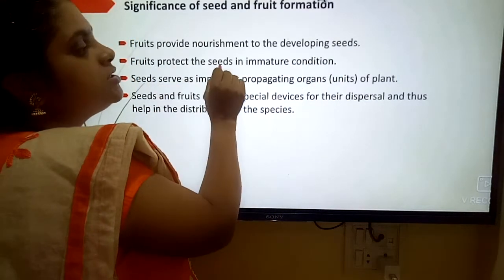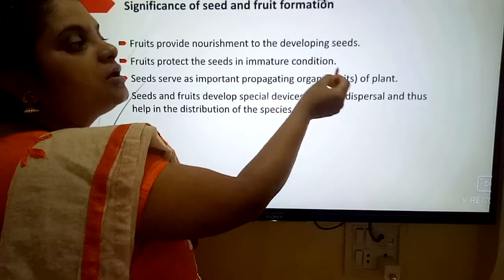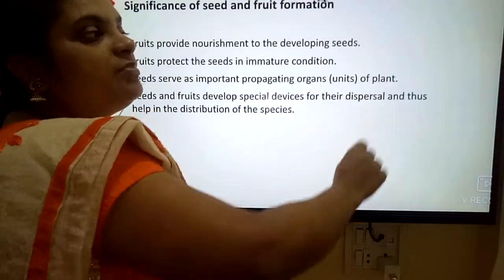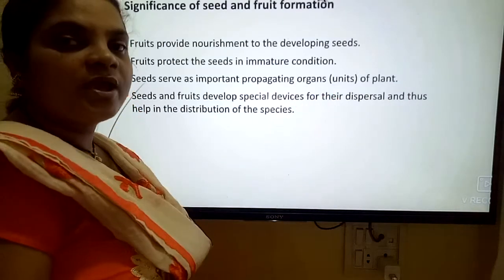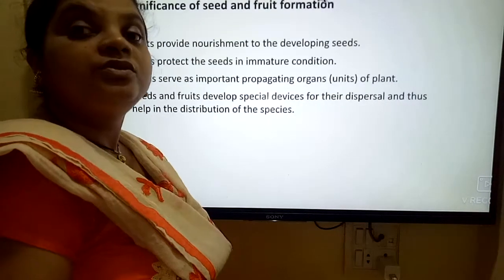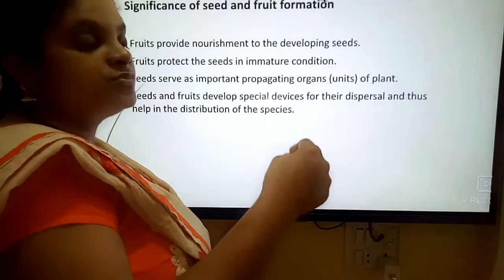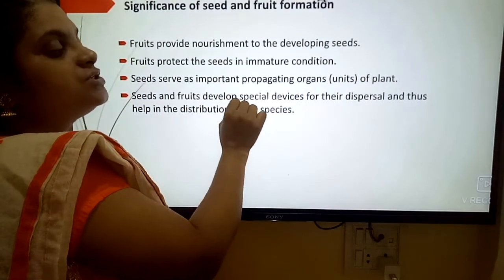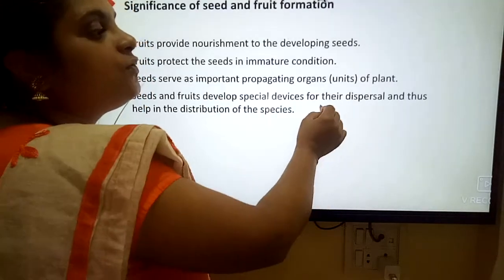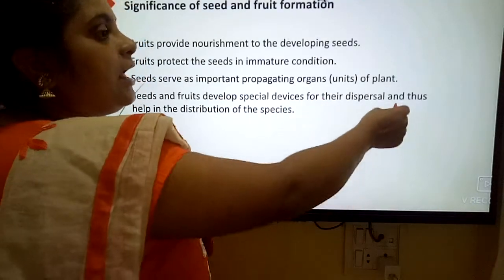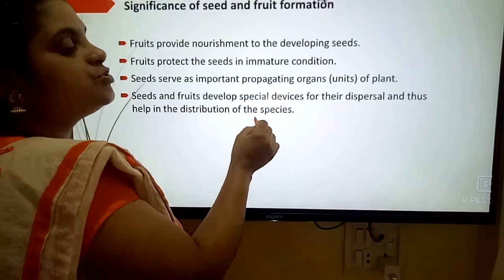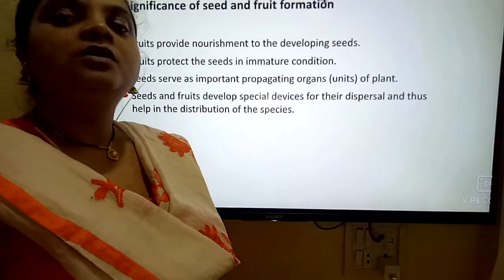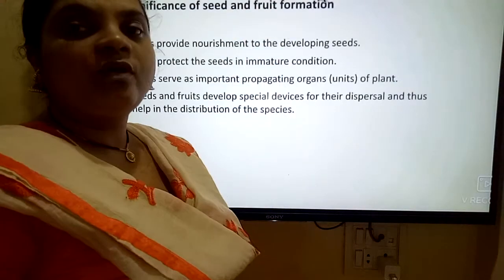The seed serves as an important propagation organ of the plant, and through propagation it forms new offspring of that particular plant. Seeds and fruits also develop special devices for their dispersal, and thus help in the distribution of the species. So this is the significance of seed and fruit formation.